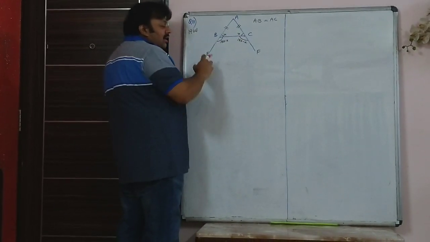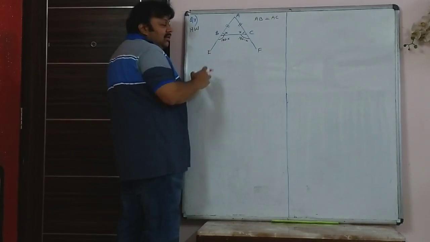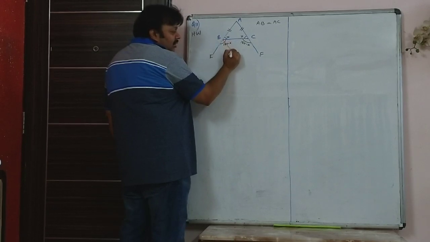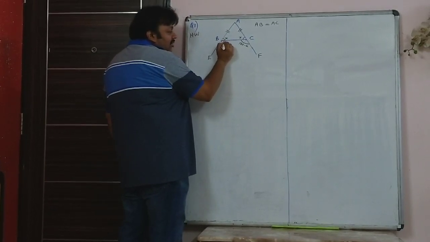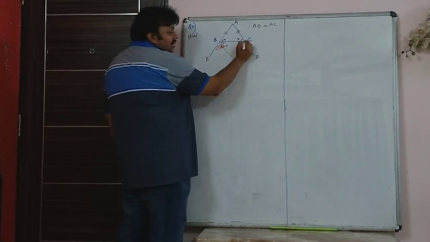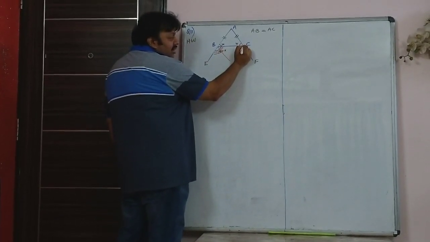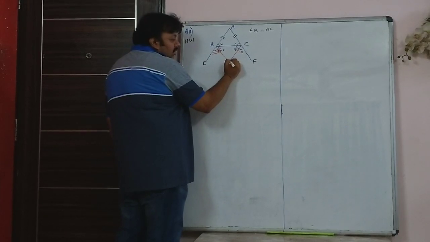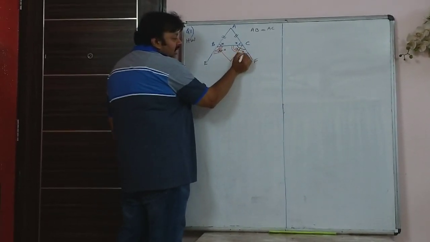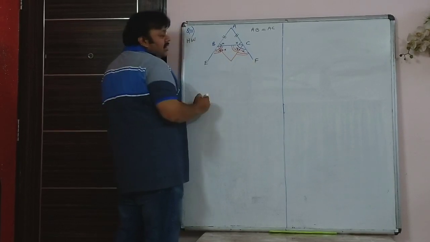Now you are given the bisectors of these two exterior angles. So the bisector of this angle means this part and this part are equal. And the bisector of the exterior angle at C means this angle and this angle are equal.